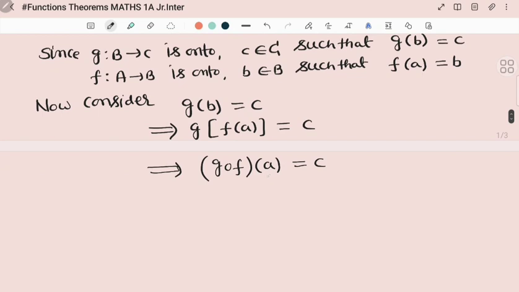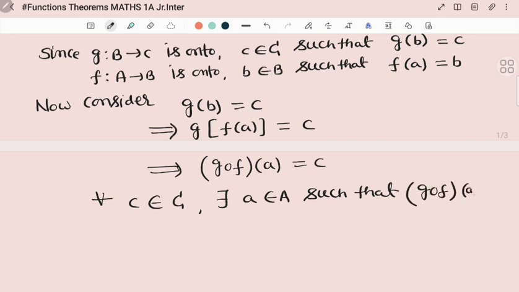So that means for every element of C, for all small c belongs to capital C, there exists small a belongs to capital A such that g circle f of a is equal to c. Therefore, g circle f from A to C is onto. This is the way you can prove, dear students. Hence proved.